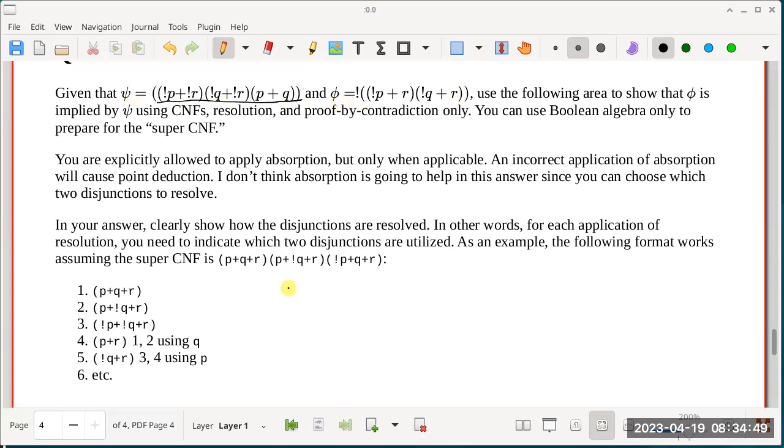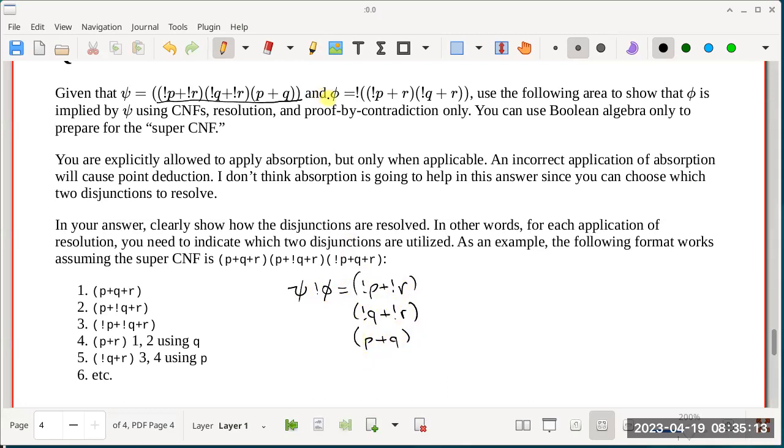So that means psi and not phi is now, basically, not P or not R as one term, not Q or not R as one term, P or Q as one term.